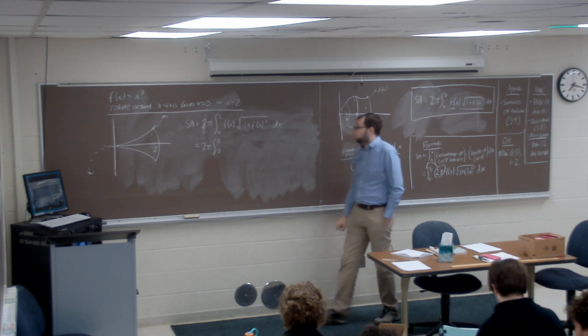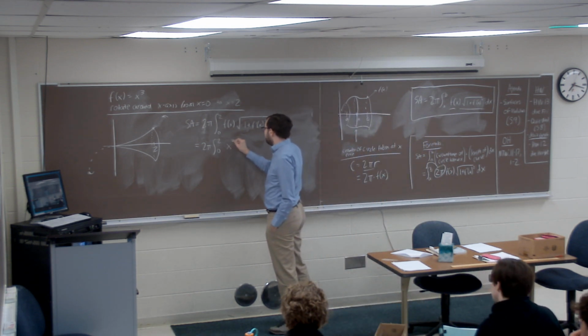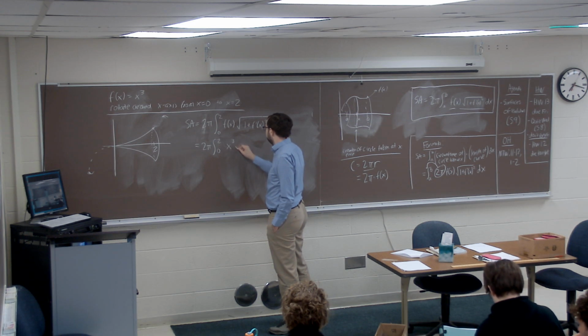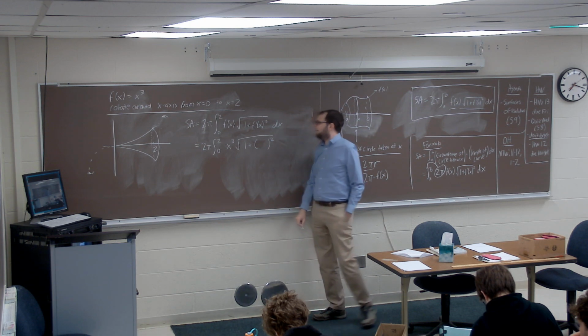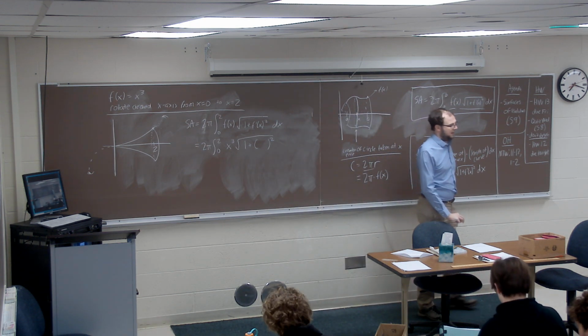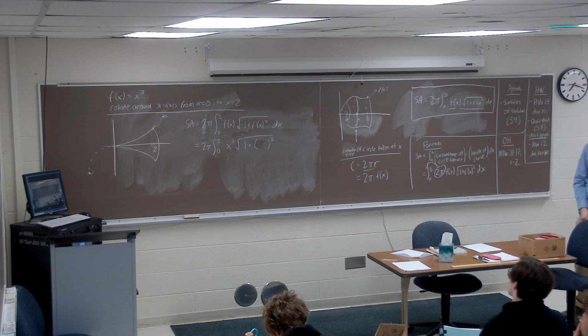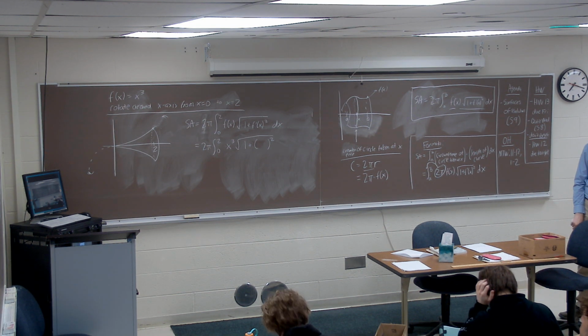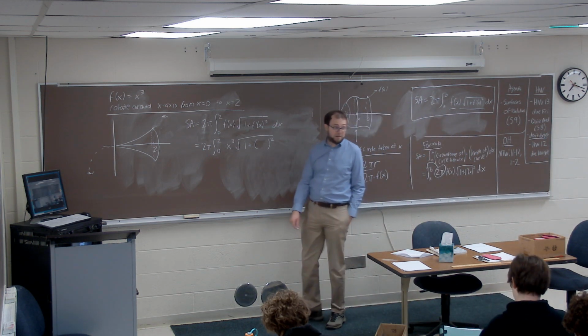Okay, well, we know what our f of x is. Our f of x is just going to be x cubed. What's going to be our f prime of x, Joanna, if f of x is x cubed? 3x squared. Yeah, it'll be 3x squared using the power rule.